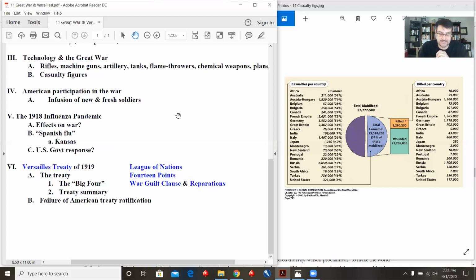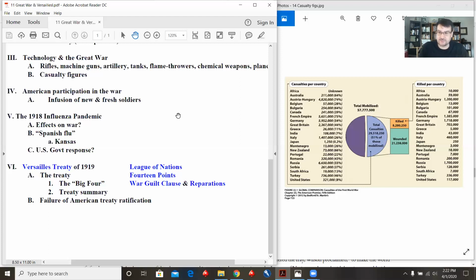In fact, the 1918 influenza pandemic began in Haskell County, Kansas, in the United States in early 1918. It was called the Spanish flu because newspapers in the United States and in Allied countries, due to World War I, were heavily censored. They would not report any negative news that might harm the war effort. So they're not reporting on the flu, even though it's widespread.